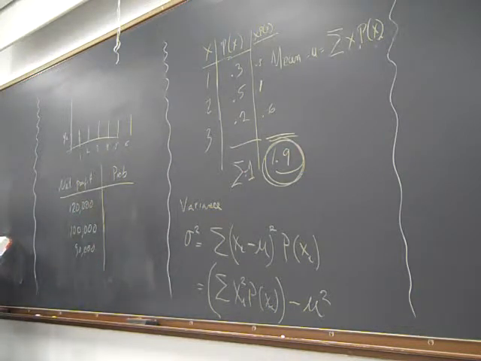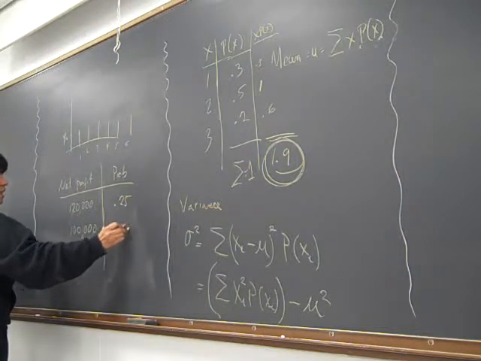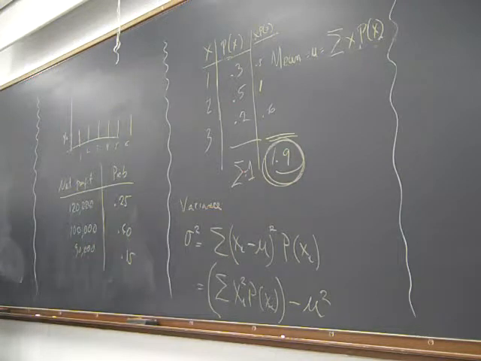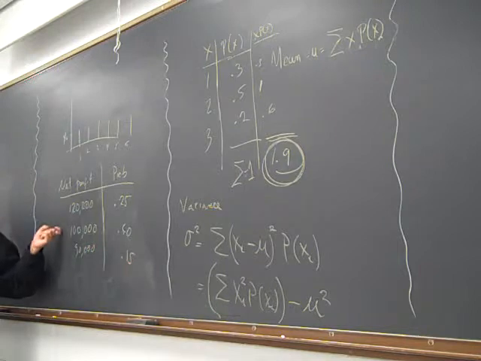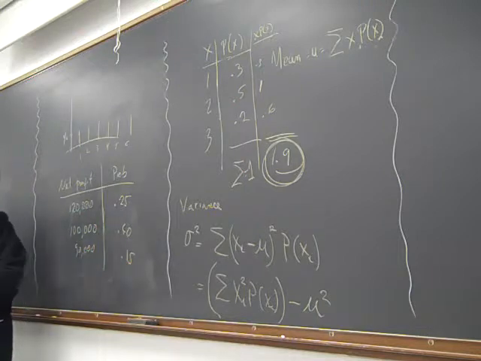And the probabilities are 0.25, 0.60, and 0.15. So this is a discrete probability distribution. The variable is net profit, and it can take only three values: 120,000, 100,000, or 90,000.